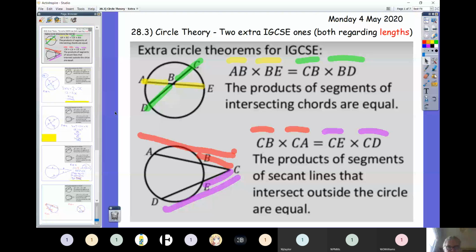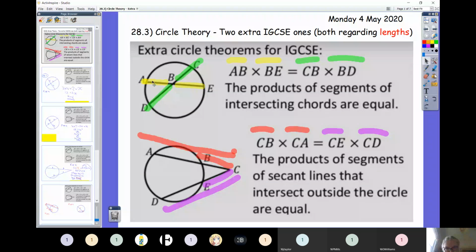If you've got two chords, so two lines crossing a circle from one side to the other, then the length AB multiplied by the length BE, those two yellow lengths, if you multiply those together, they equal the two green lengths multiplied together.